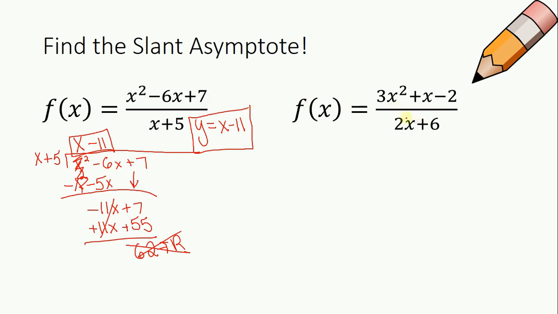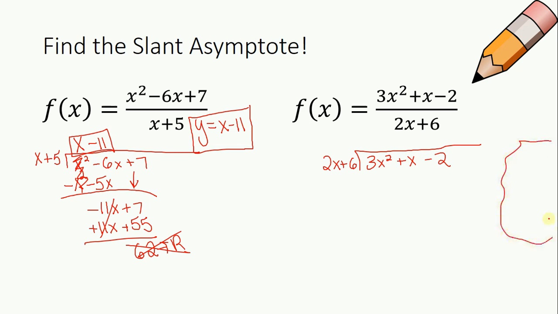Let's find another one. So I'm going to divide 2x plus 6 into 3x squared plus x minus 2. Alright, so something times 2x needs to give me 3x squared. Hold up. Something times 2 needs to give me 3? What? That's weird. Let's think that off to the side here.